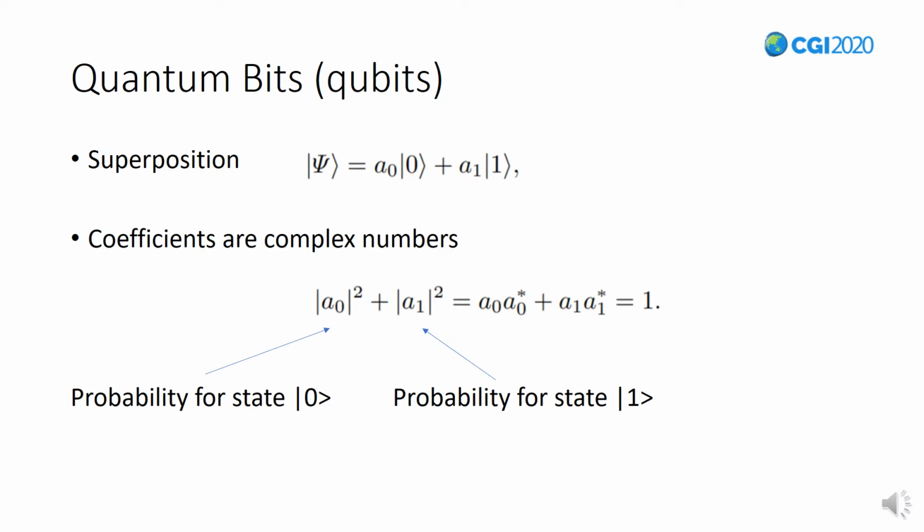A0 and A1 are the coefficients, and these are complex numbers in quantum computing. A0 squared plus A1 squared equals 1, and A0 squared and A1 squared are the probabilities for either the state 0 or the state 1.